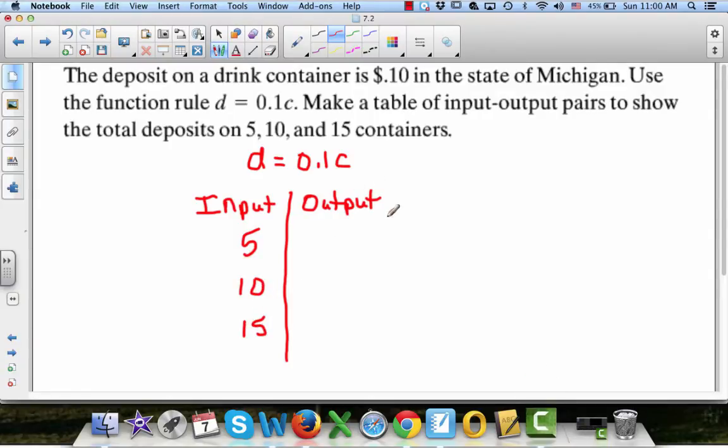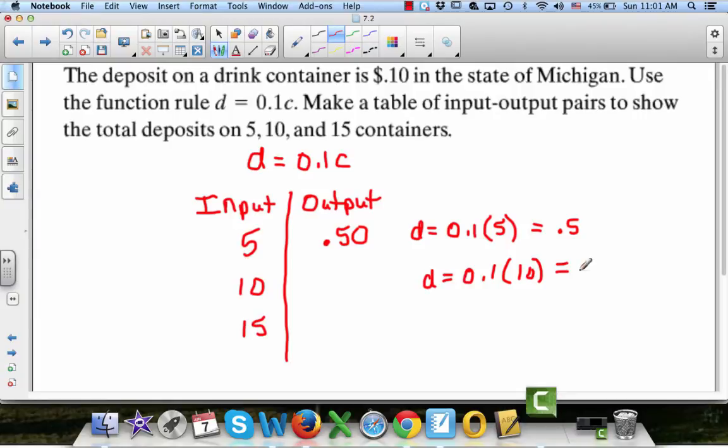So we come over here and we go D equals 0.1 times 5, and that gives us 0.5. So we put 0.5 over here. And since it's dollars and cents, we put that 0 on the end there. And then we go D equals 0.1 times 10, and that gives us 1.